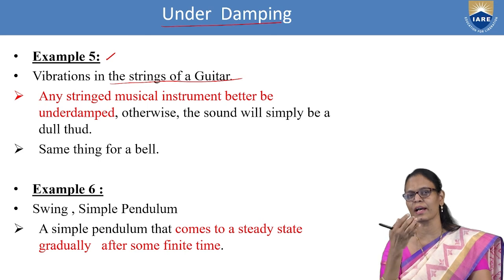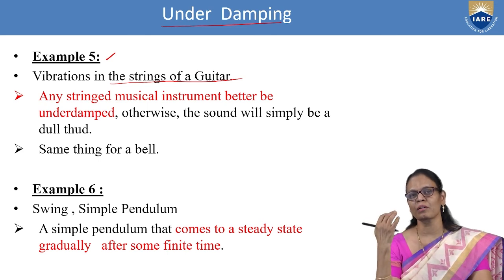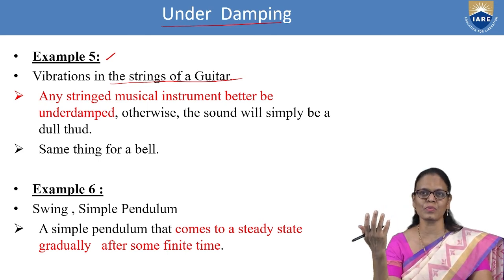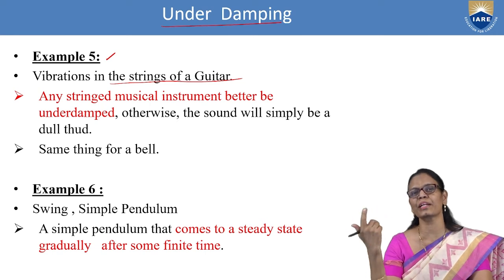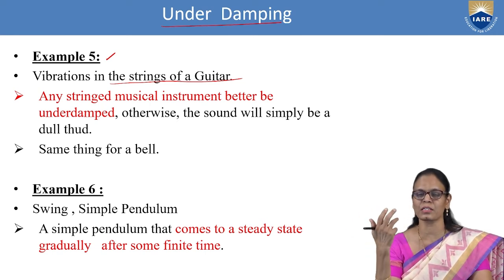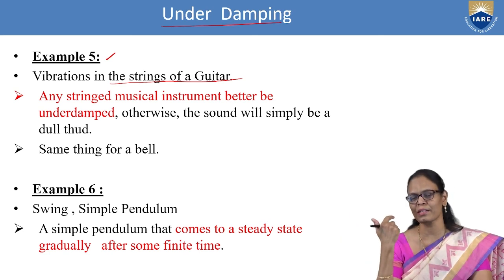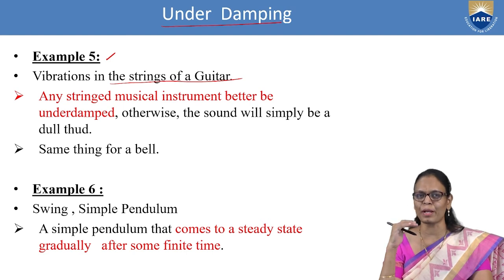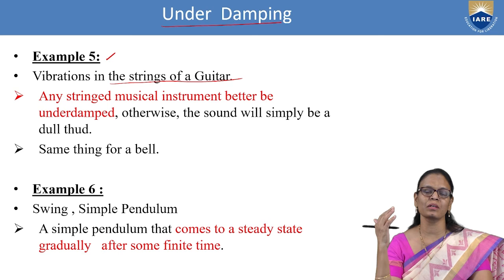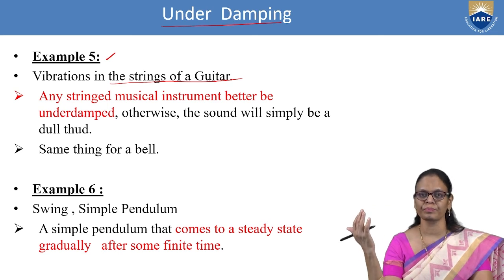You know a guitar has strings which we pluck and then we hear the music. For that matter, any stringed musical instrument, a guitar or violin or veena, you pluck the wires and they keep vibrating. When they are vibrating, they produce a musical sound.